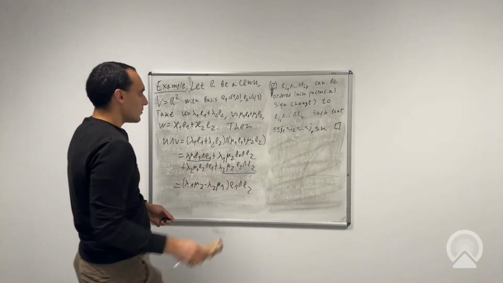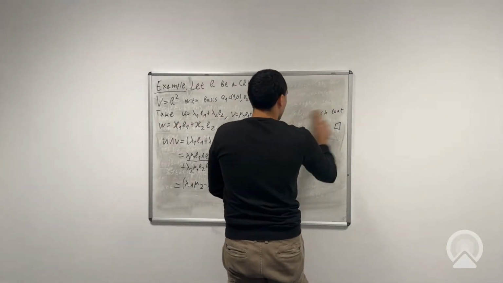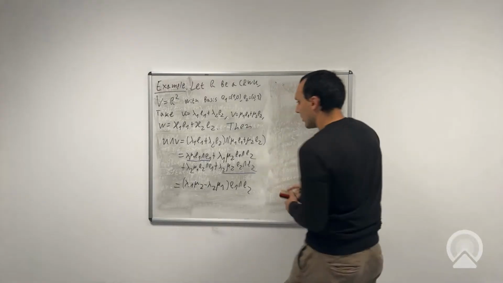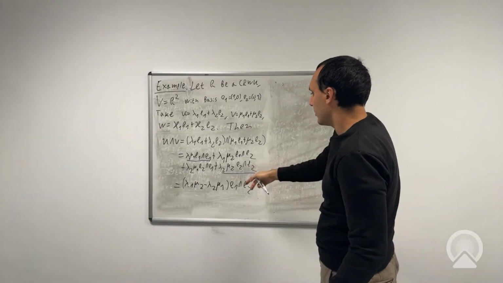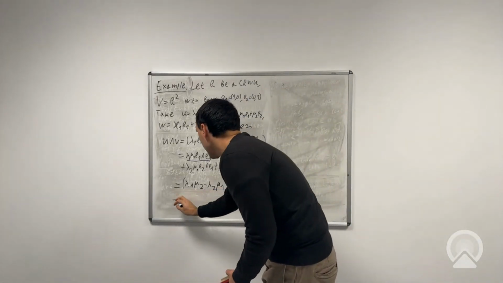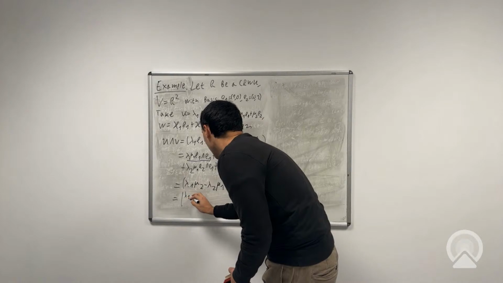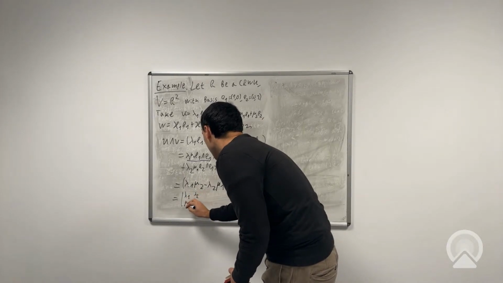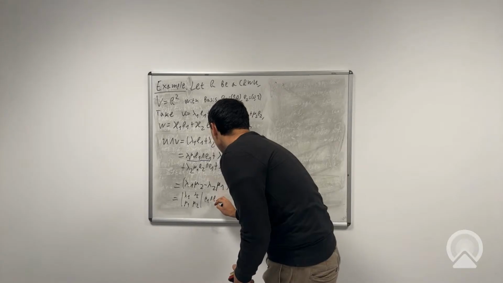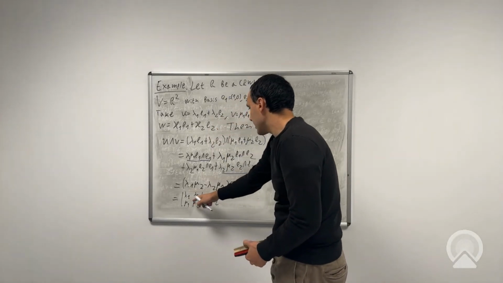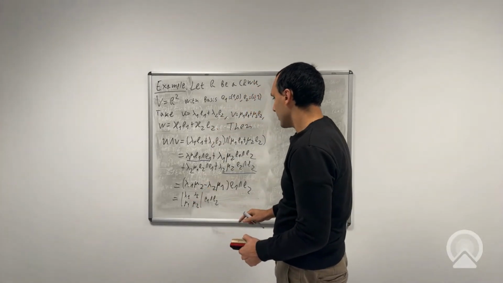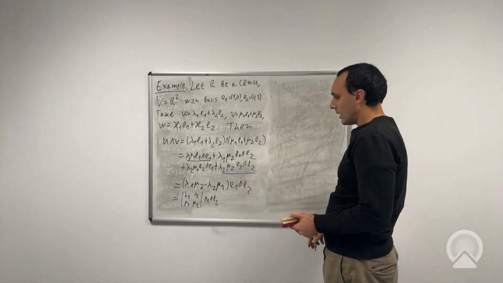Now, to finish this example, let's see what happens if we multiply the result by w. So this is in fact the determinant of lambda 1, lambda 2, mu1, mu2, times e1 wedge e2, and call this C. The fact that it's a determinant is not by chance.